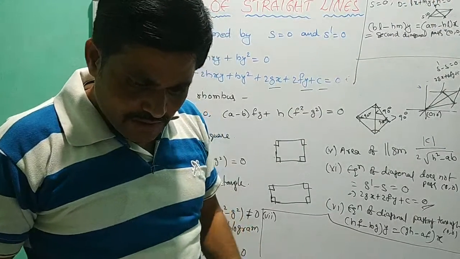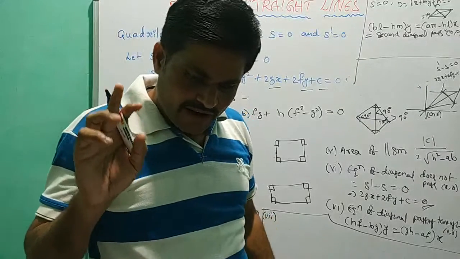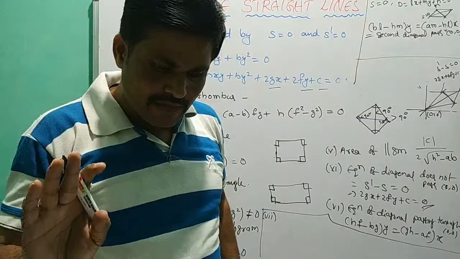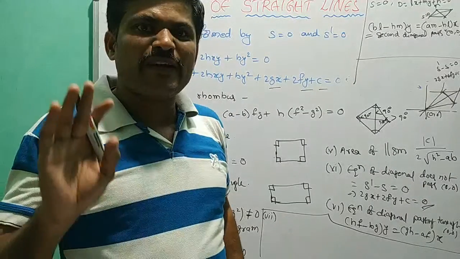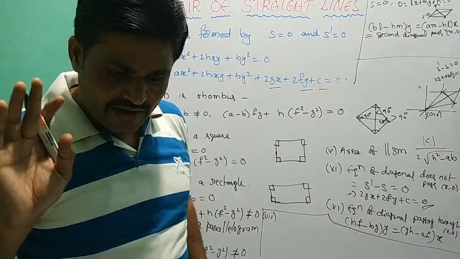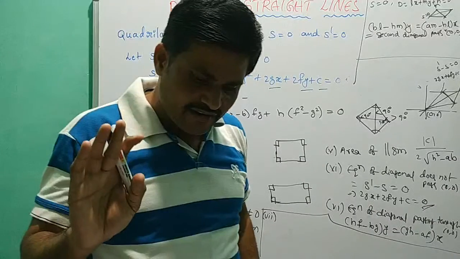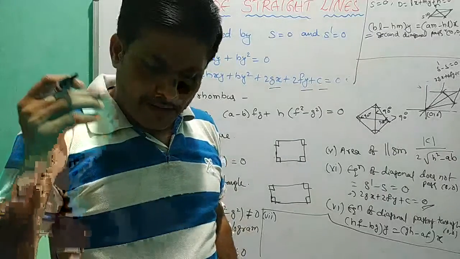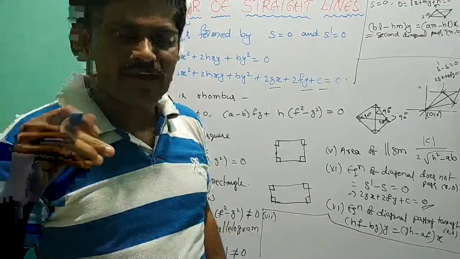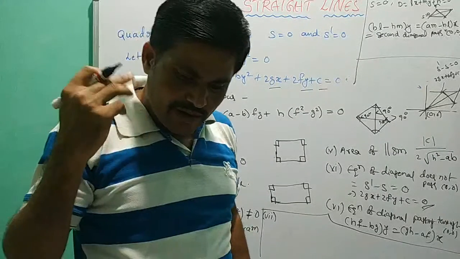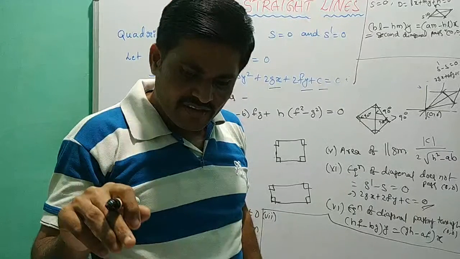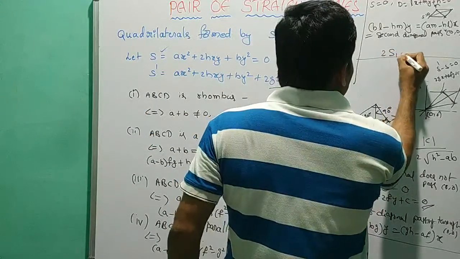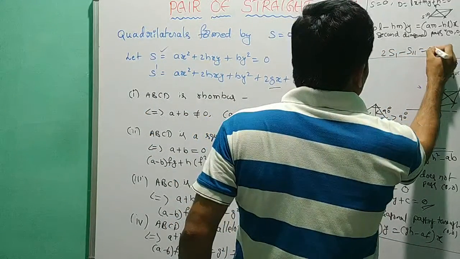Here we have to observe: given one point (x1, y1), the opposite vertex of a parallelogram, and a pair of lines ax square plus 2hxy plus by square, one pair of sides. The equation of the other diagonal, not passing through the origin, is S1 minus S11 equals 0.